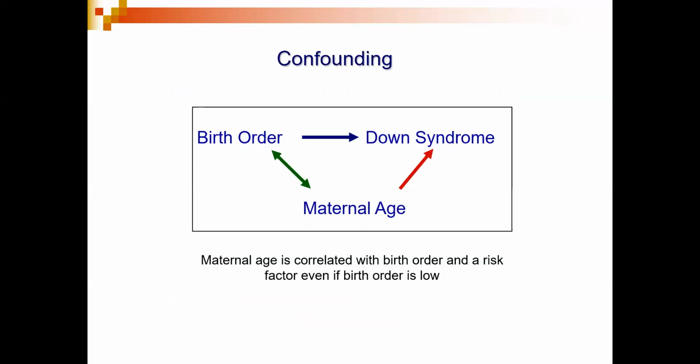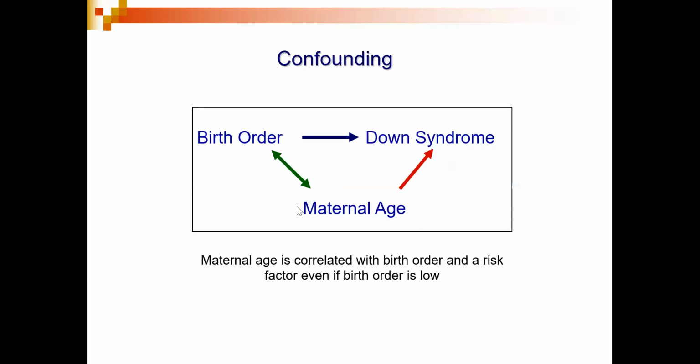So we come back again to our example where birth order is the exposure and Down syndrome is the outcome. Maternal age, as I explained in the previous slide, is related to birth order.